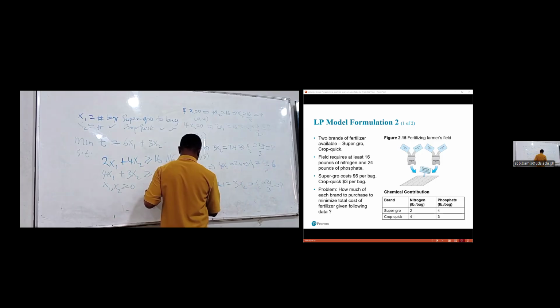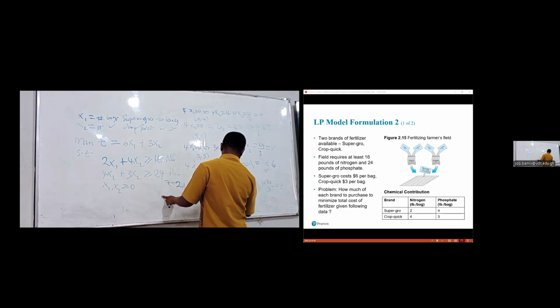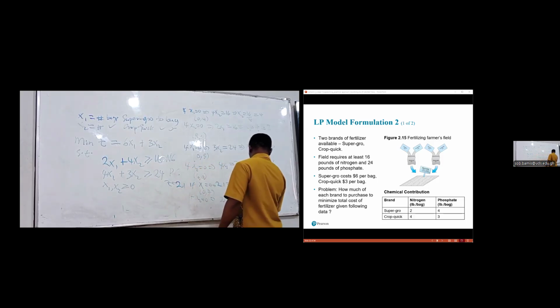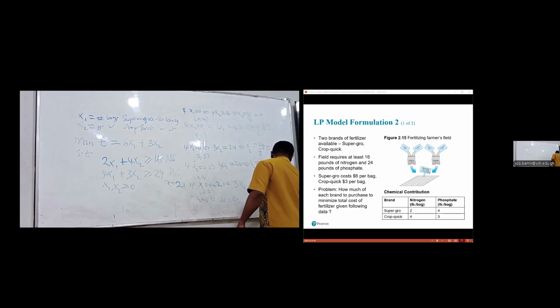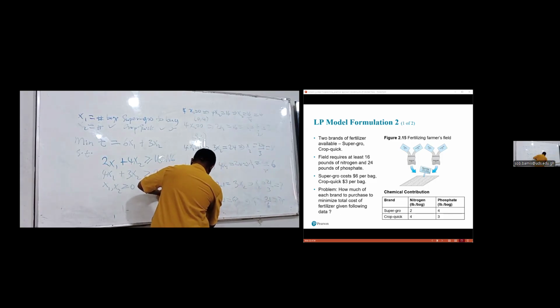If x2 is equal to 0, it will imply that 21 is equal to 6x1, which will imply that x1 is equal to 21 over 6, which is 3.5. So our last coordinate will be 3.5 and 0.